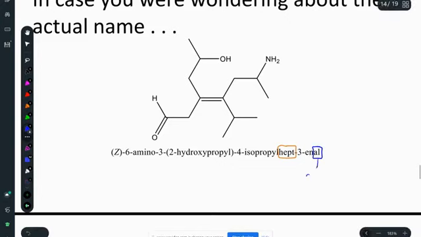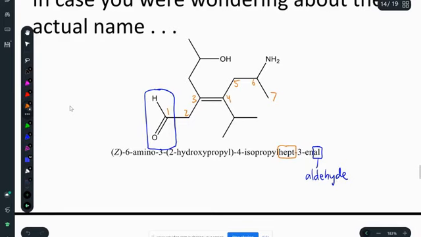When something ends in al, that refers to the aldehyde functional group. So that would be this functional group right here. So the al part of the name comes there. And my chain is always going to start at the aldehyde. So that would be carbon 1, 2, 3, 4, 5, 6, 7. There would be my 7-carbon principal chain.